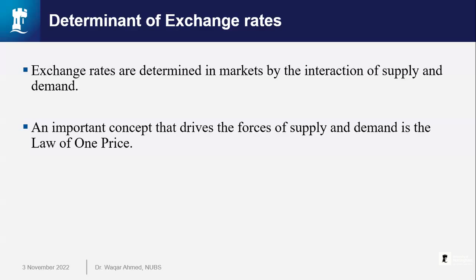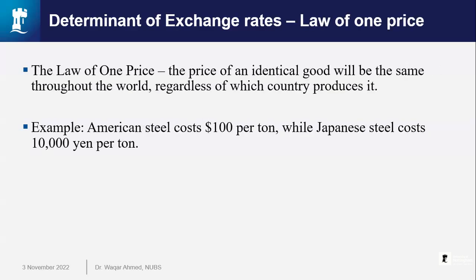So it doesn't matter where you buy a good, as long as it's the same, identical good, it should have the same price, right? That's the law of one price. So the price of an identical good will be the same throughout the world, regardless of which country produces it.